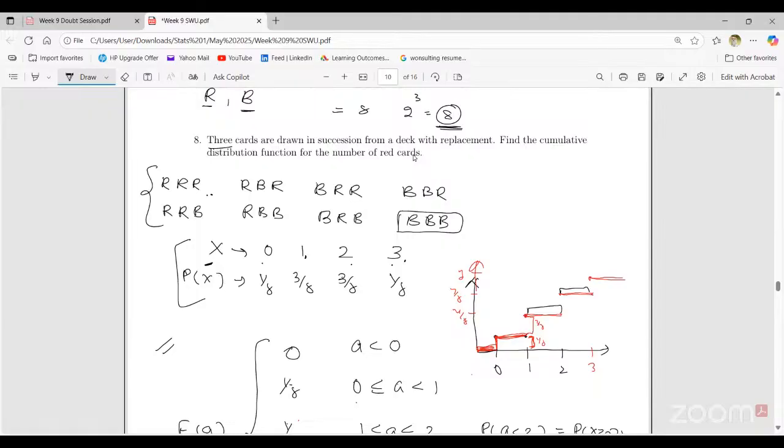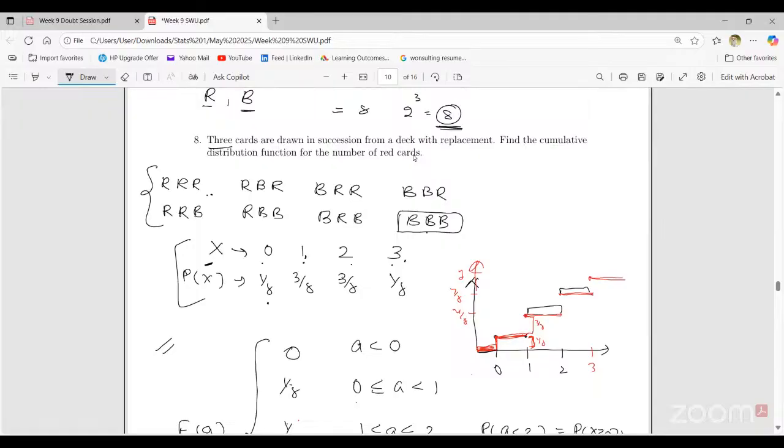Now, what are the probabilities? For X equals 0, that means all of my cards are black. I have 8 cases, and from that, I have 1 case in which I have all 3 black cards. So the probability will be 1 by 8. Similarly, for X equals 1, that means I am having 1 red card.